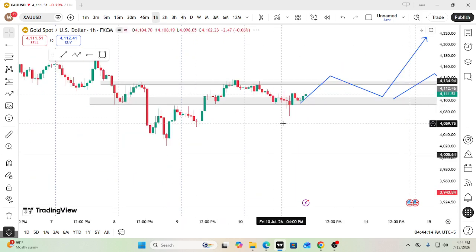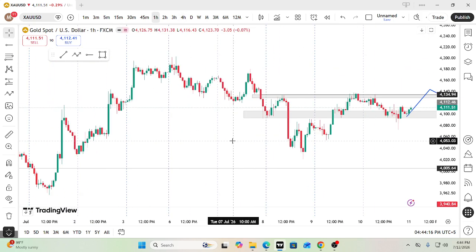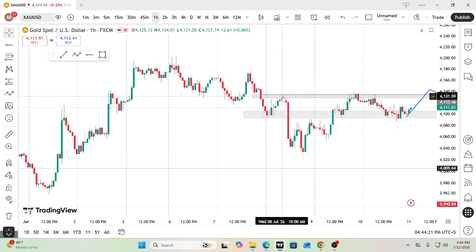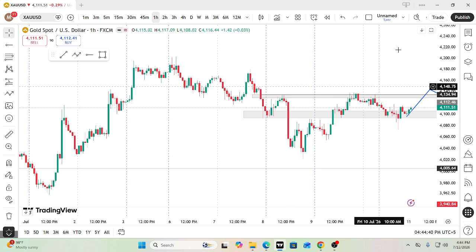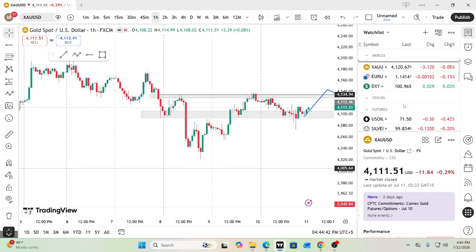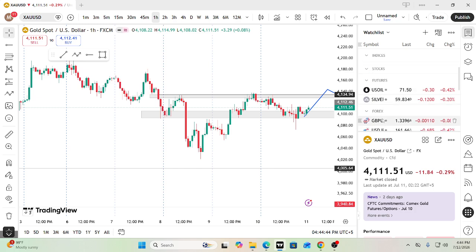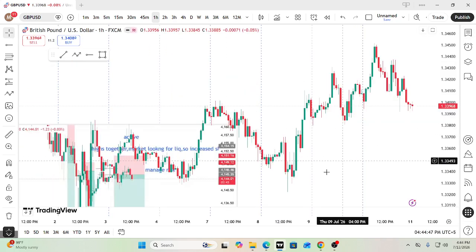This is 1 hour. 4155 and then 4145. We had three trades. We scaled up the trades and the market moved in our direction 1300 pips. So we had three trades and the market gave us almost 3900 pips. This is the screenshot which I am showing you.